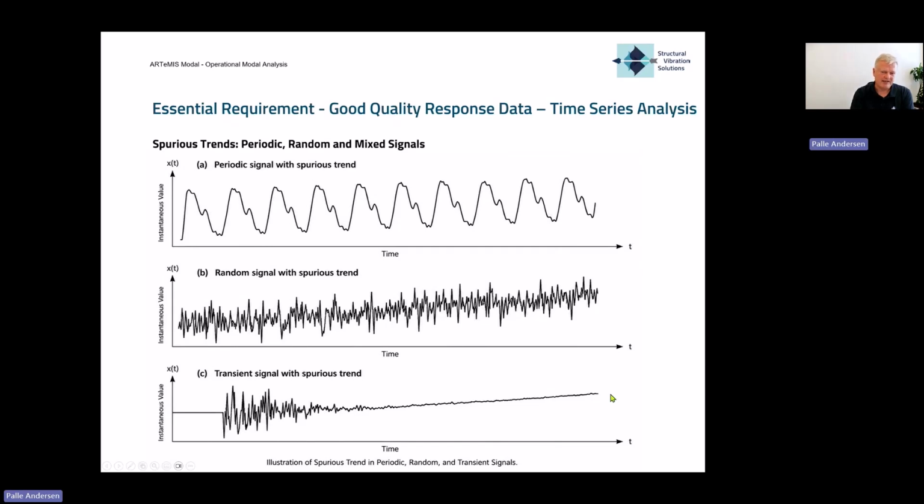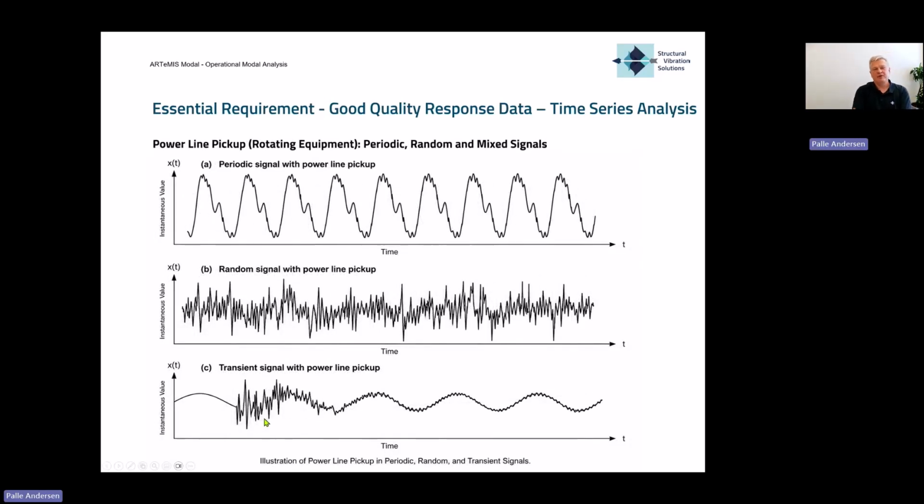And this is really a problematic thing because it actually creates troubles in the low frequency end of the signal if we do not care about it. So again, there are tools available that can help us. But the first thing to do is, of course, to detect we have a problem, and we can easily see that in a time series diagram if we have this kind of growing trend in our time series.